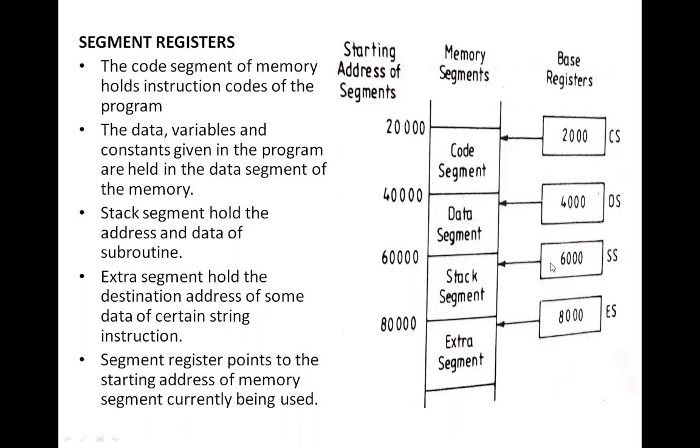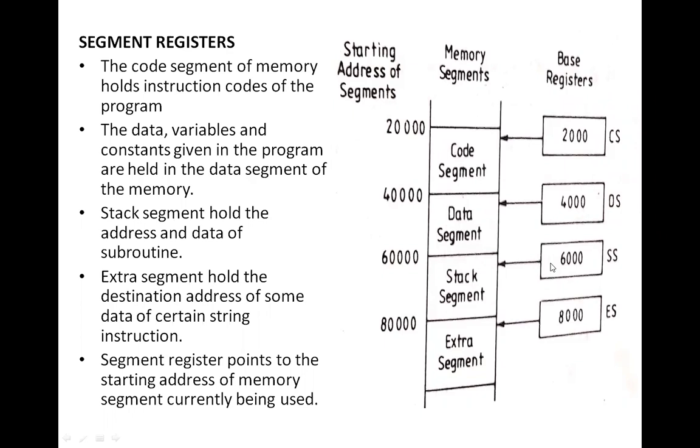One is given by the segment register, whatever it may be: code segment, data segment, stack segment, or extra segment, depending upon which segment we want to use. And another 16-bit address is given by the effective memory address or the offset address, which is given by the pointer registers.